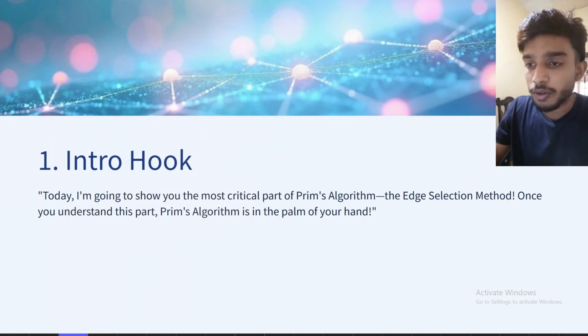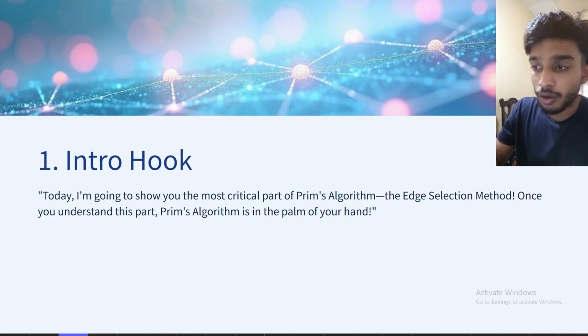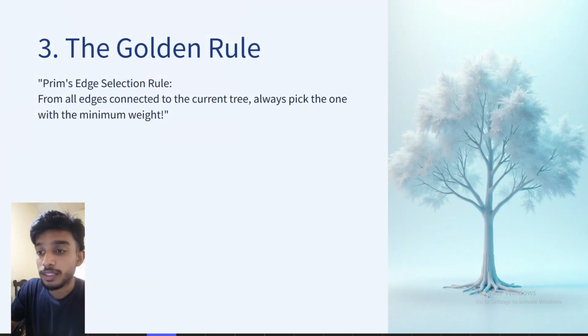Now I am going to show you the most critical part of Prim's algorithm, the edge selection method. Once you understand this part, Prim's algorithm is in the palm of your hand. The golden rule for Prim's algorithm: from all edges connected to the current tree, always pick the one with the minimum weight.